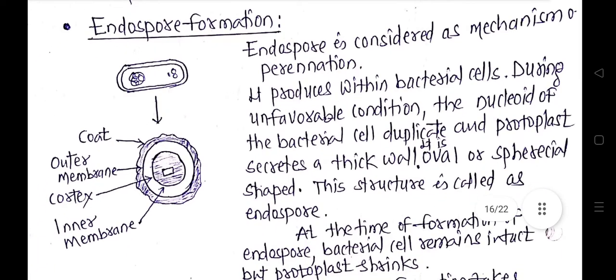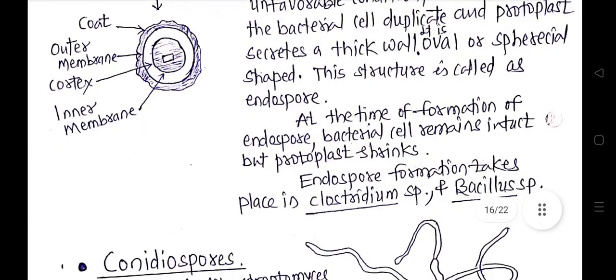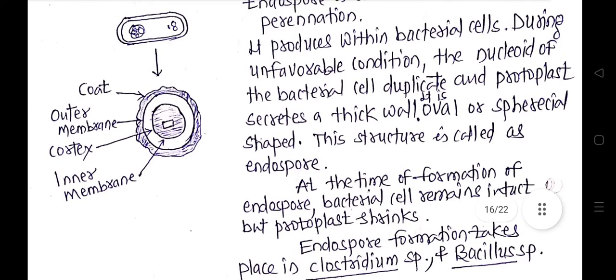In an unfavorable condition, the nucleoid of the bacterium gets duplicated and the protoplasm secretes a thick wall around it, and this thick-walled spore is called an endospore. When favorable conditions occur, this endospore again converts into the bacterium.